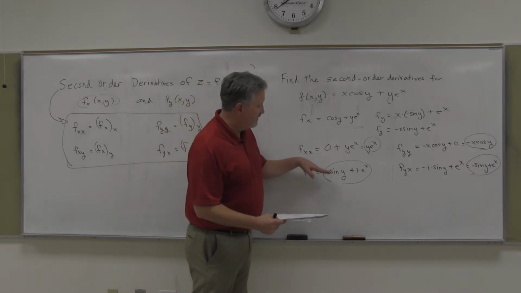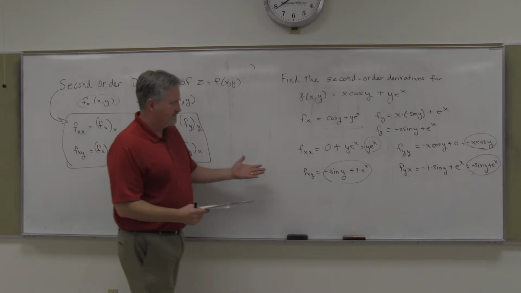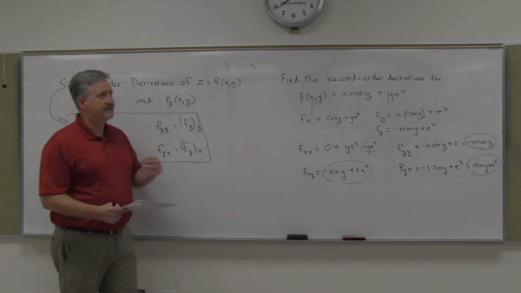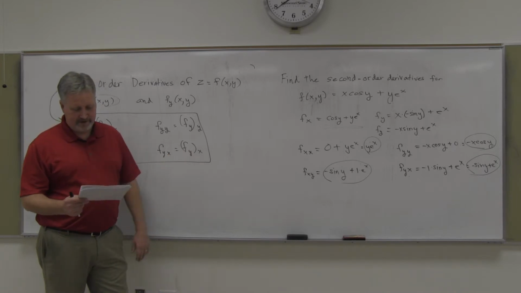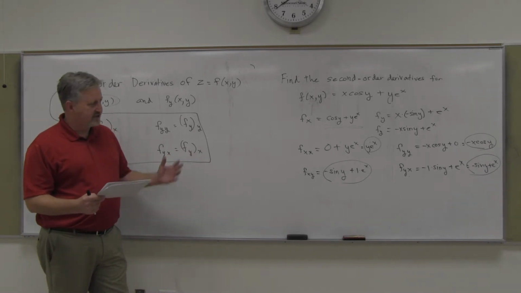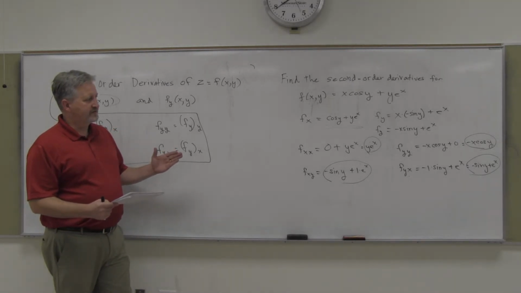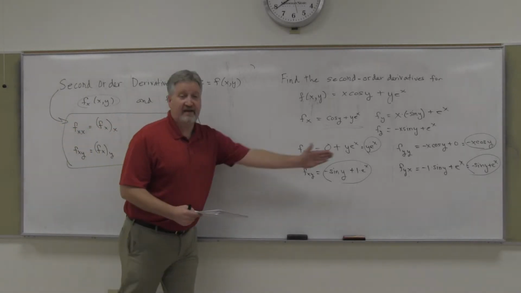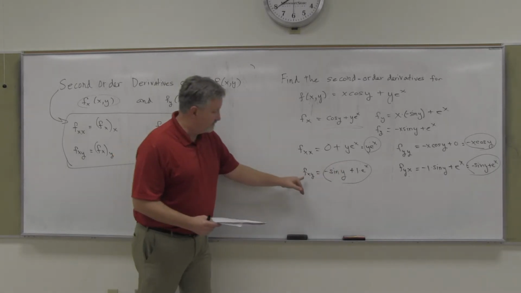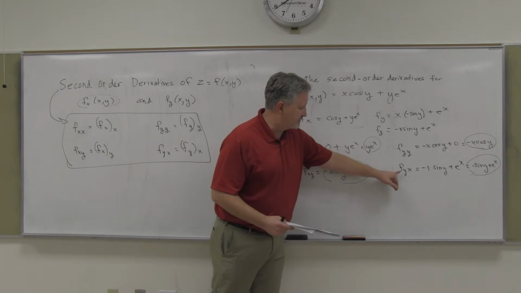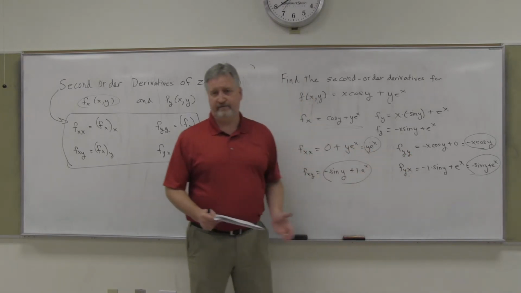So the good news is, there is a theorem that states with certain parameters, as long as the function is defined, the derivatives exist, and we've got continuity where these are continuous. That's going to happen. The fxy, if you will, that derivative is going to be equal to the fyx.